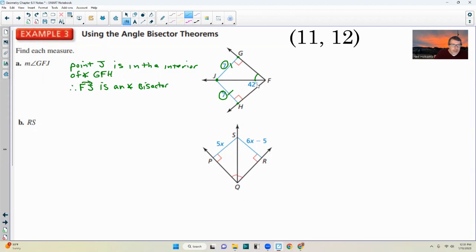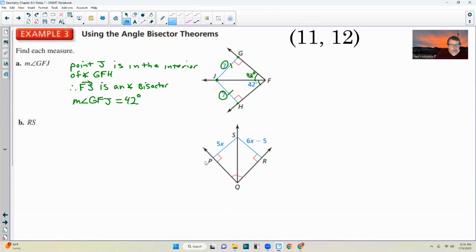Okay, so we now know that that cut this whole angle into two congruent pieces. So if this is 42, this is also 42 degrees. So the measure of angle GFJ equals 42 degrees.